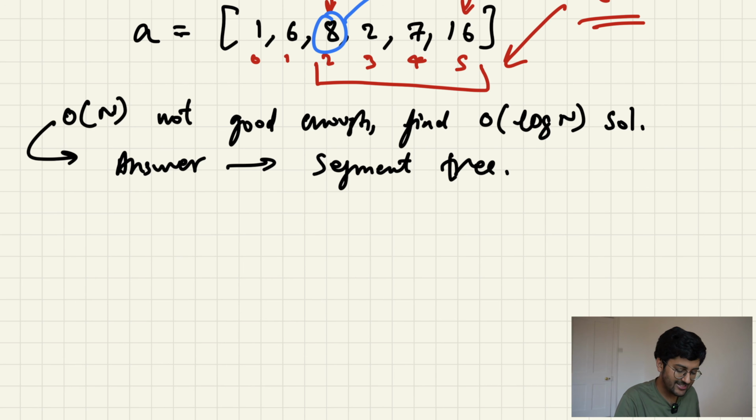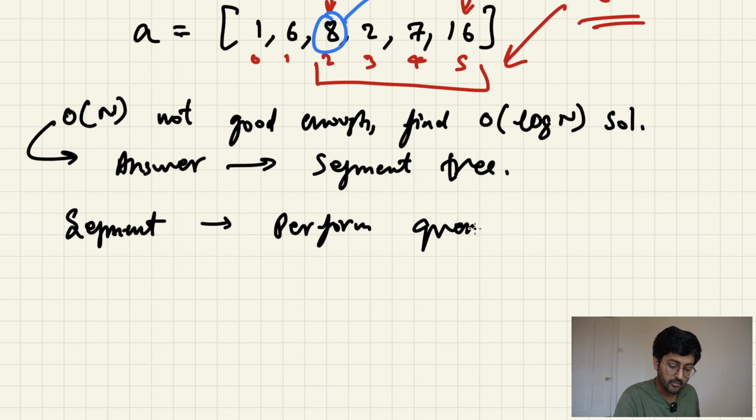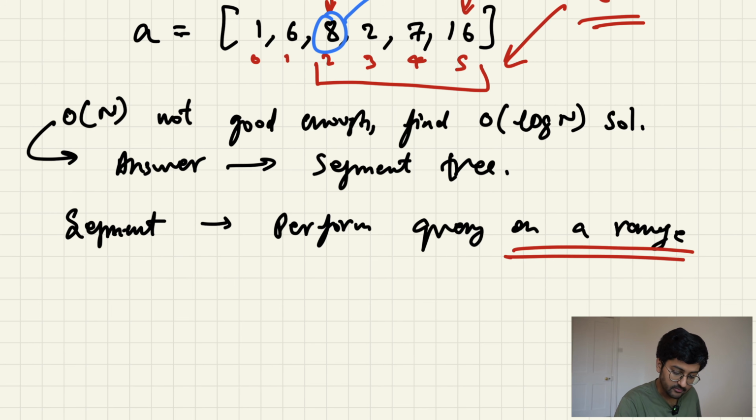So segment tree basically means, in simple terms, you perform some query on a range. This is very important: on a range. So from an intuition point of view, when are you going to use segment trees?